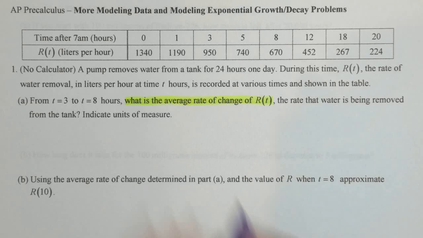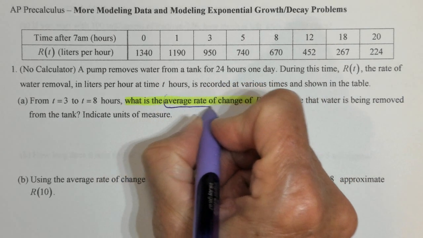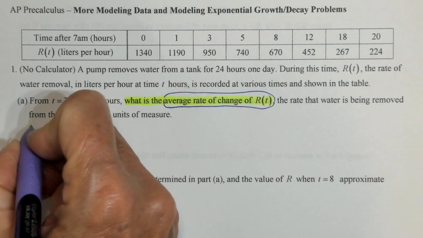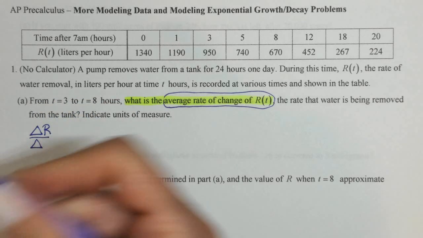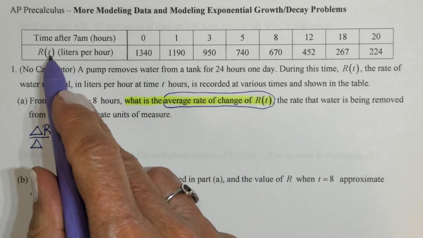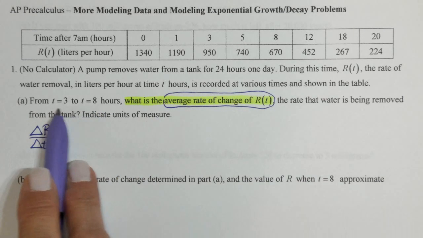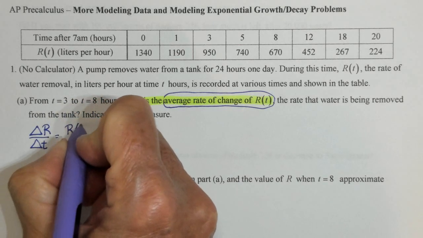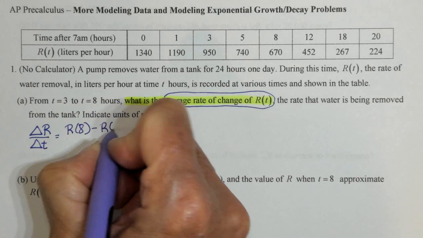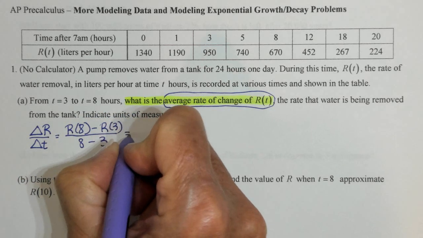As soon as I see average rate of change, I think change in R over change in the x coordinate, or in this case the t coordinate. Change in R over change in t. So this will be R at 8 minus R at 3 divided by 8 minus 3.